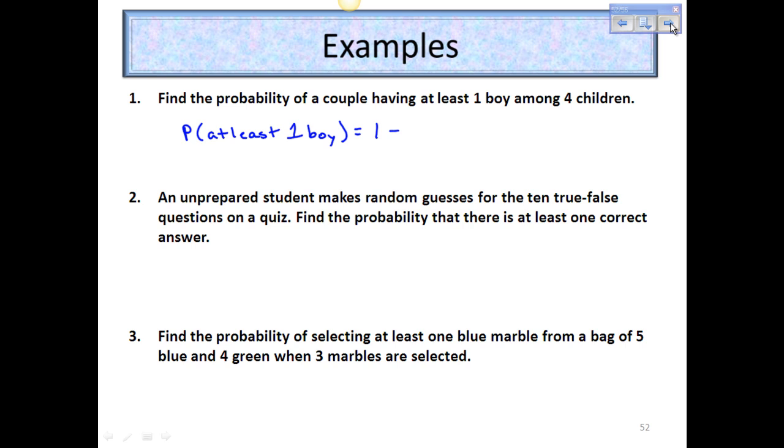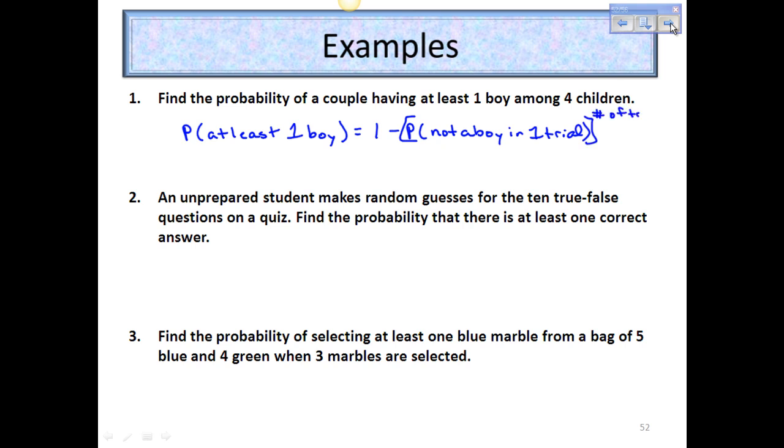trials. The probability of not having a boy, remember we need the probability of none. So the probability of not having a boy in one trial, and then we're going to take that probability and raise it to the number of trials.